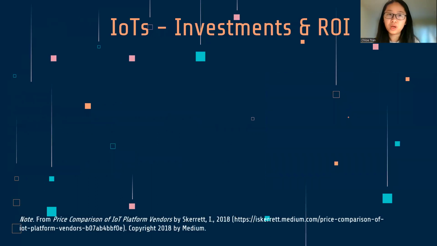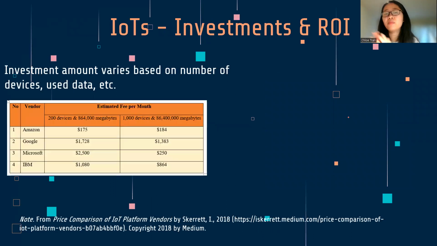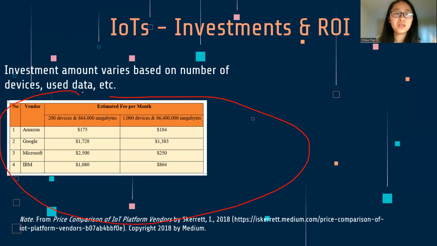To join this trend, the investment amount can vary based on the number of devices the company uses, and this table shows the expected fee the company needs to pay every month if they use vendors such as Amazon, Google, Microsoft, or IBM for IoT.